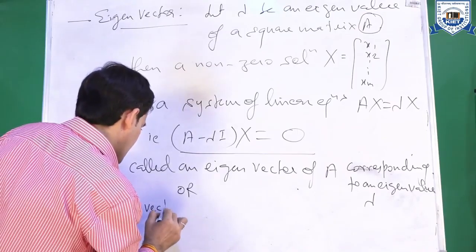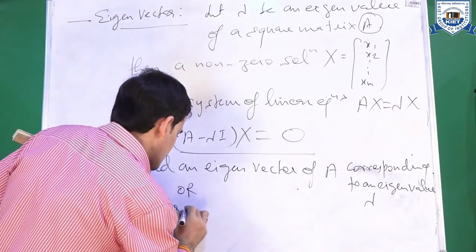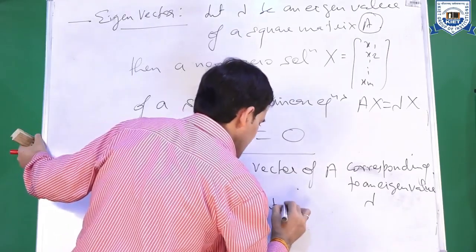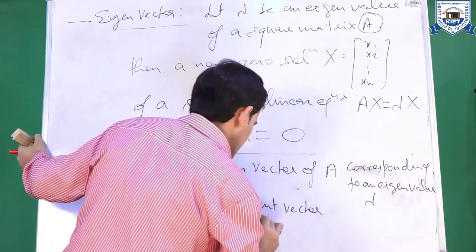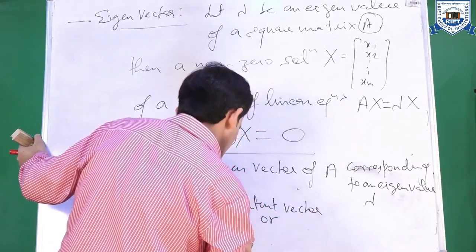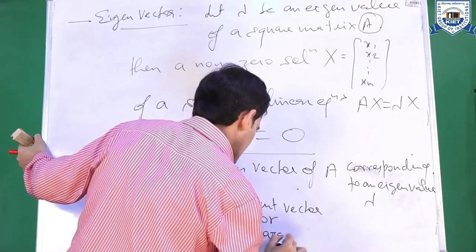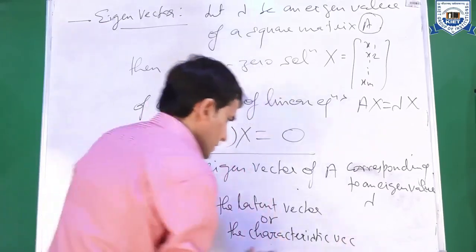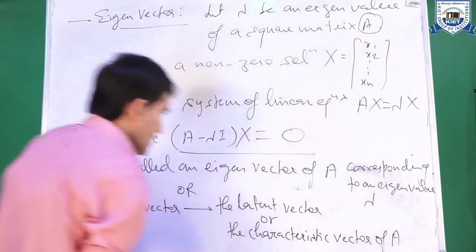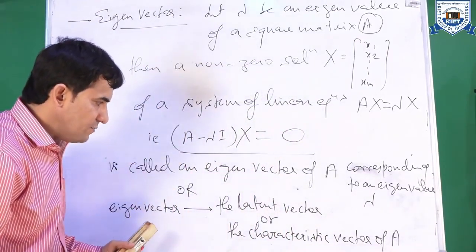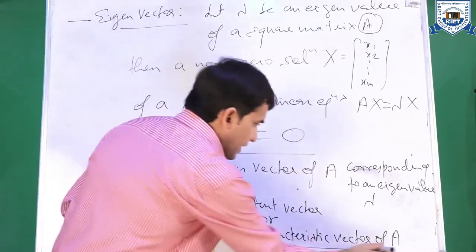Eigenvector is also known as the latent vector or the characteristic vector of matrix A.